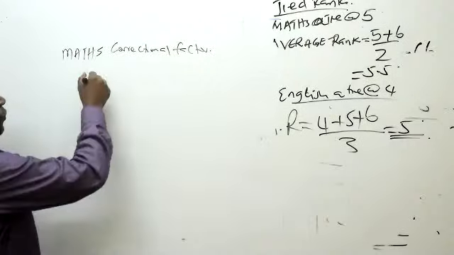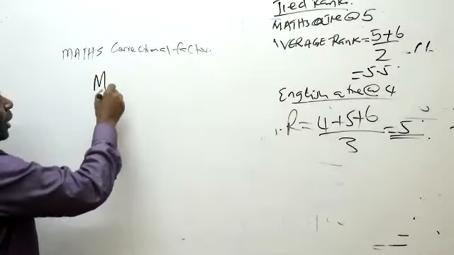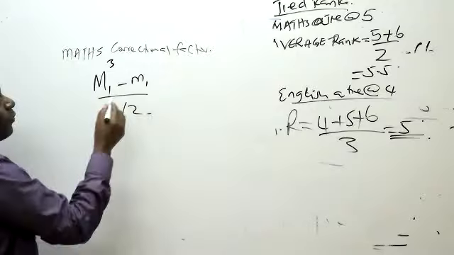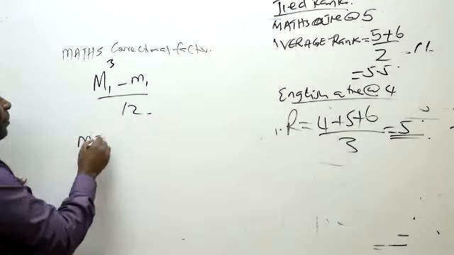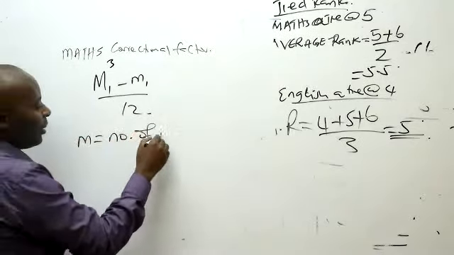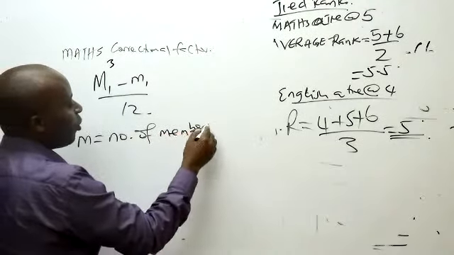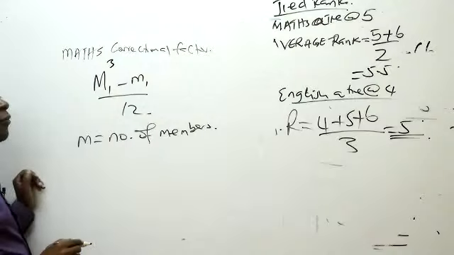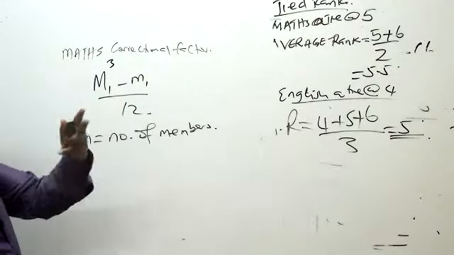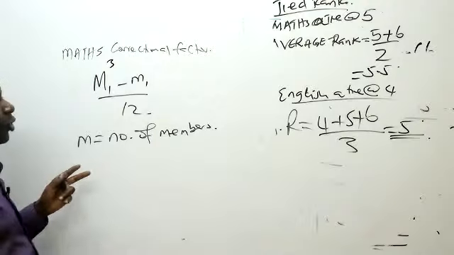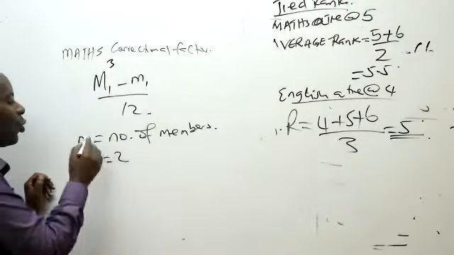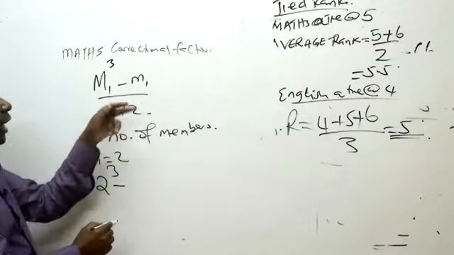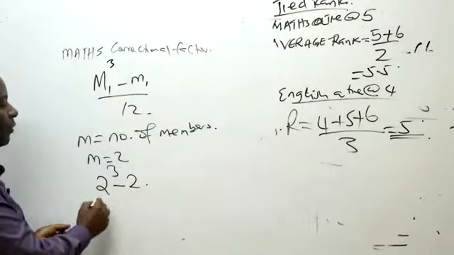So for the correctional factor, we normally talk of m cubed minus m divided by 12, where m stands for number of members. So for math, we only have 2 members tying up. So for math, our m is 2. So you come on top of 2 raised to power 3 minus m, which is 2, divided by 12.